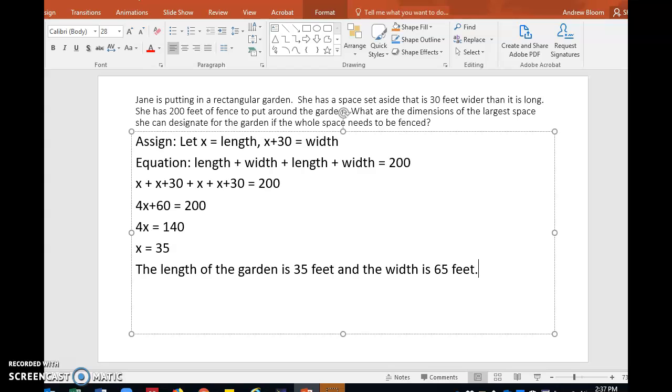We have to write our answer in the form of a sentence, and our sentence needs to be clear. We need to specify which one is our length and which dimension is our width. And we need to make sure that we're careful to use units. In this problem, 35 feet is the length of the garden, and it's different from 35 meters or 35 inches.